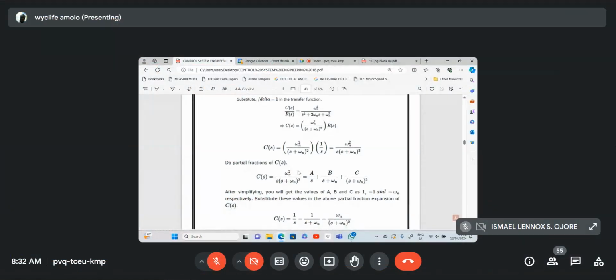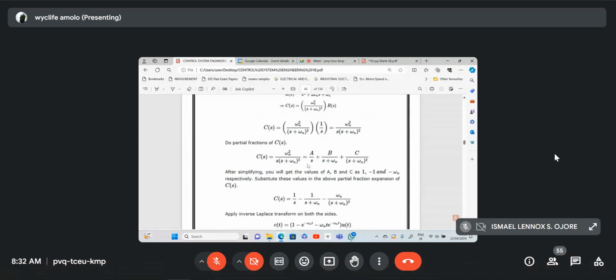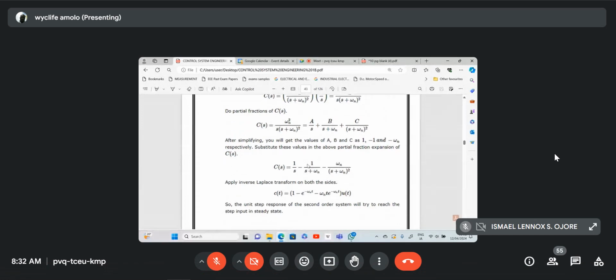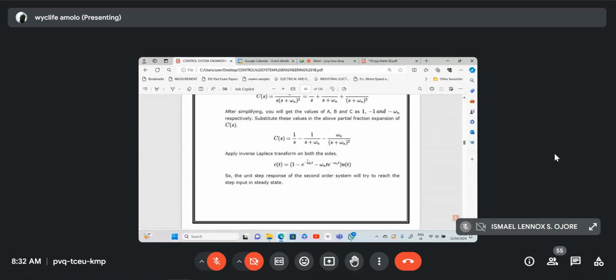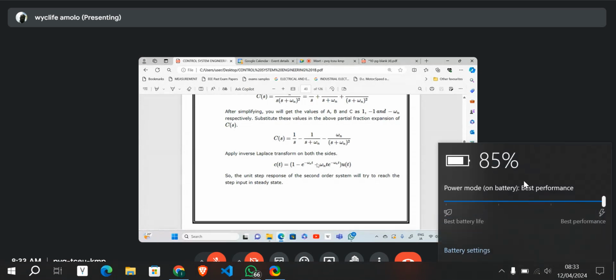And by partial fractions, you'll be able to come down until you write the inverse Laplace transform in this order. So you can go back to the tables. I'm also writing where I am right now, so I'm just trying to show you the way.